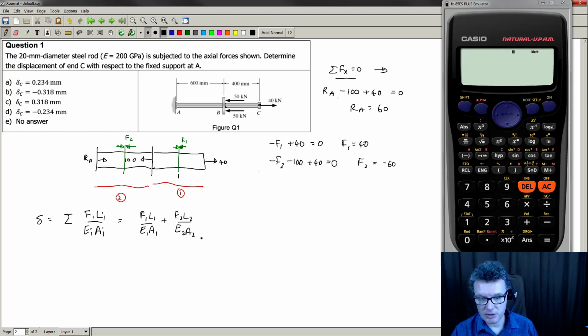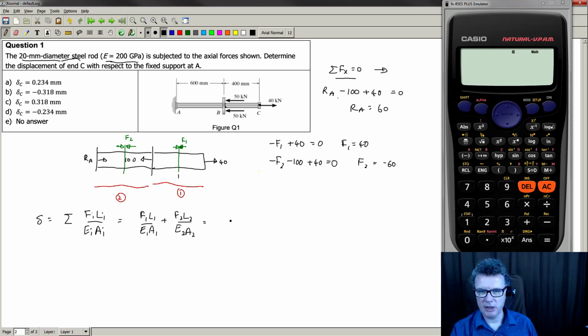Now for this bar we can see it actually stays at a constant diameter, and it's the same material all the way through. So my E1s and my A1s are all going to be the same.